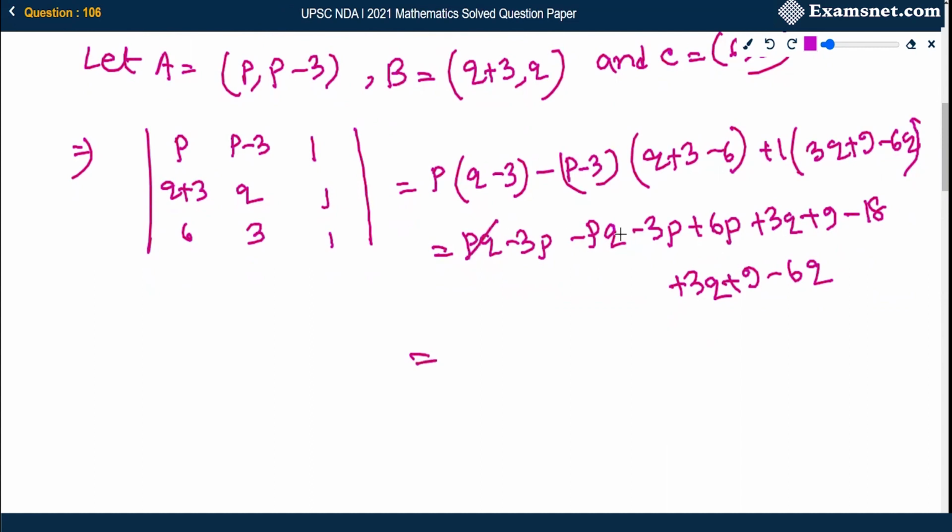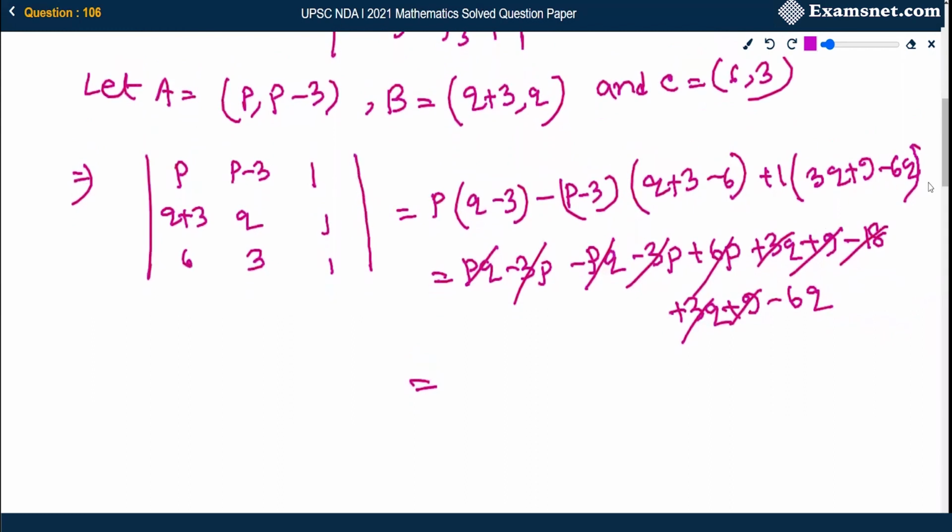So look here, pq minus pq got cancelled, next 3p with 6p, the constants with 18, and plus 3q got cancelled with minus 6q. Yes, so it will give us the value 0, right?